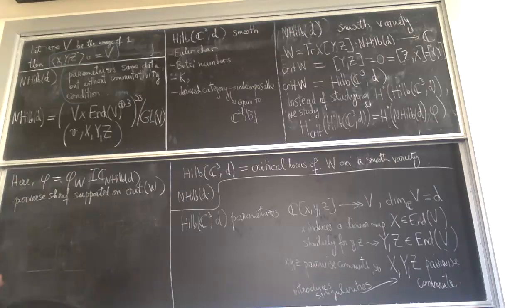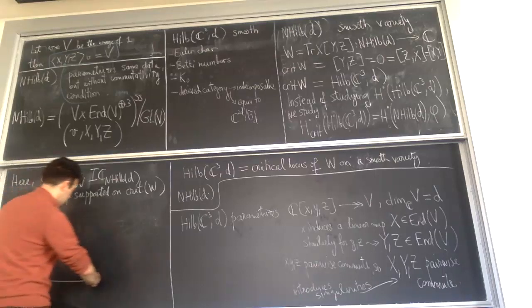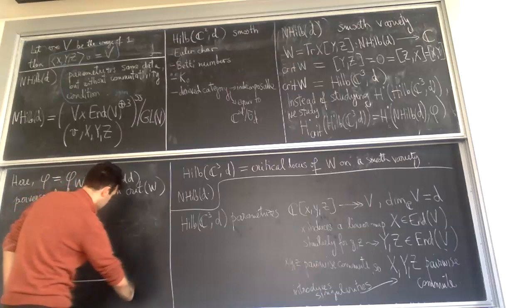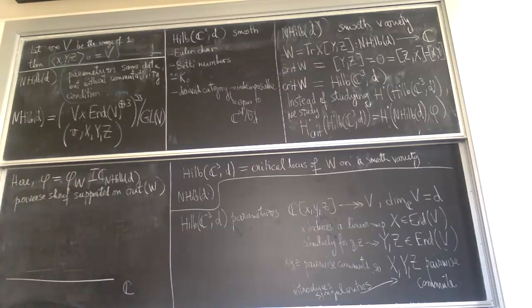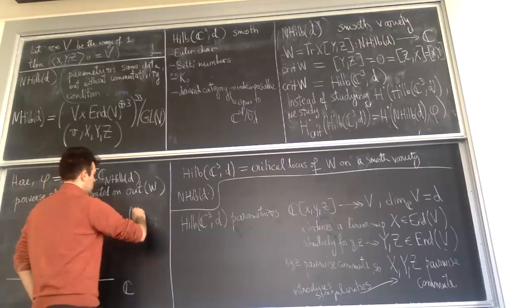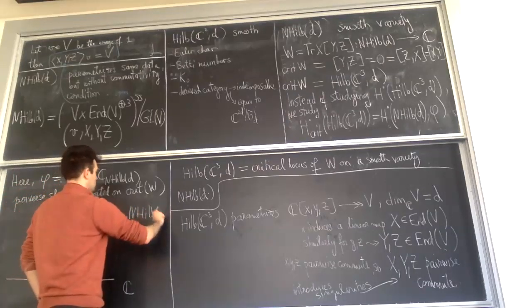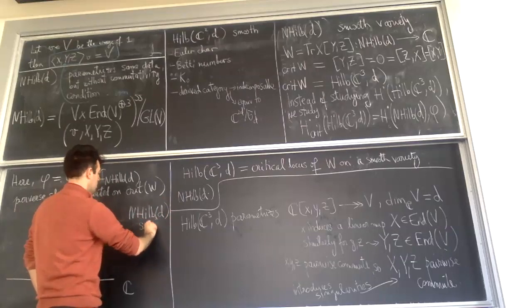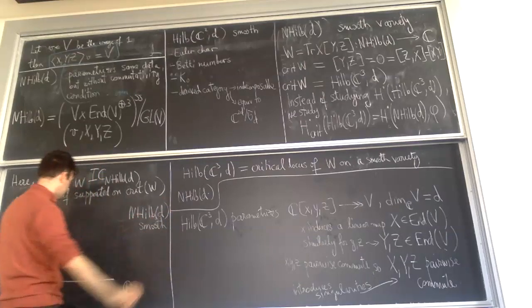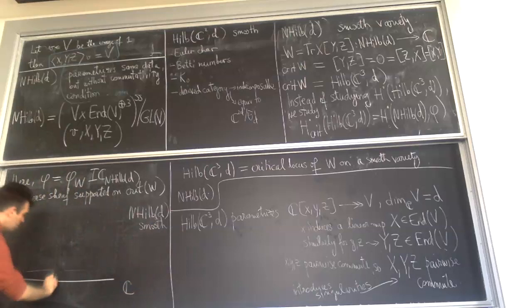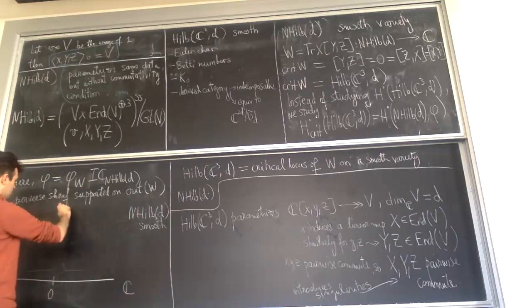So the picture is something like this. We have a space over the complex numbers. So this is N cube D, which is smooth. So the fiber over 0 is the only singular fiber.